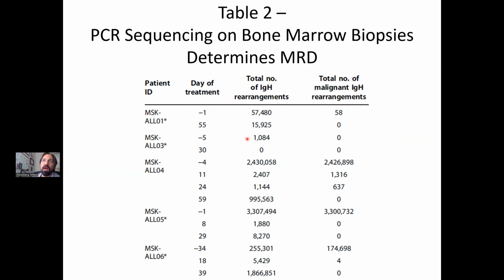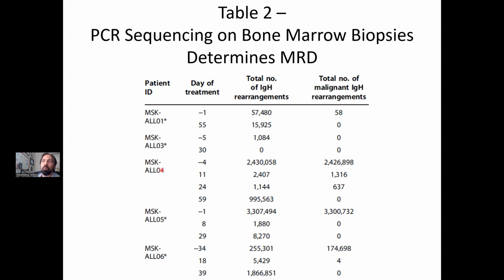Patient 3 only had 1,000 IgH rearrangements detected, and none of those were the same as the rest. Therefore, this patient was MRD minus, stem cell transplant eligible. They received the therapy, and then had no IgH rearrangements detected and no malignant IgH arrangements detected.